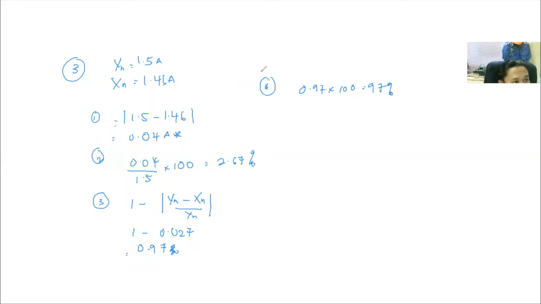Right. Okay, next we go for question number 4. We have 6 students using one oscilloscope to measure the output voltage of the amplifier.